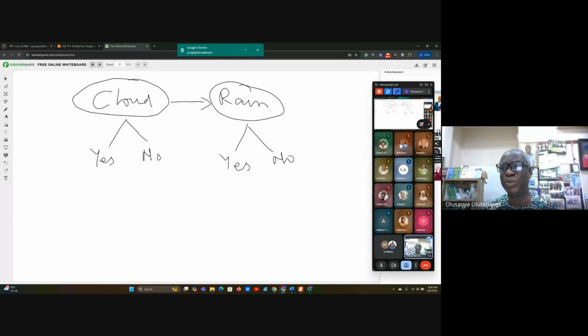So you observe the cloud and then predict the likelihood of having rain. That's the kind of question the CPT helps us to answer.